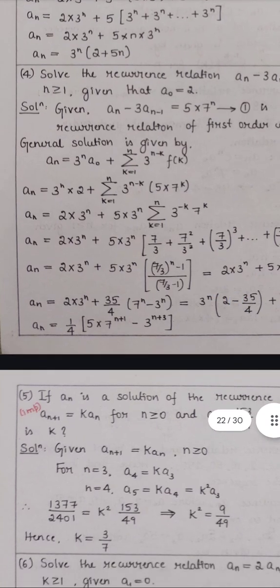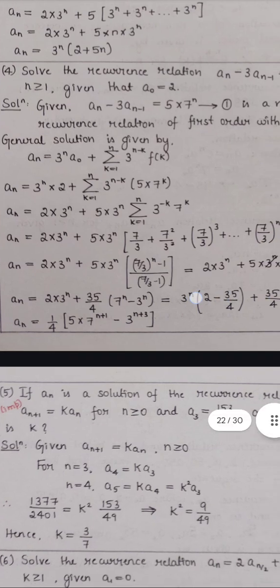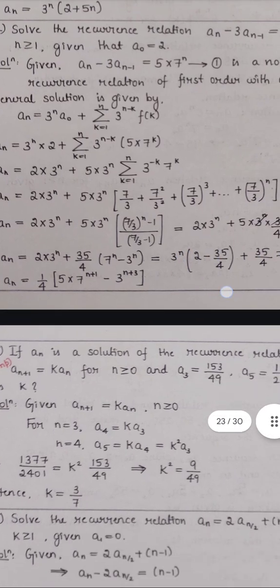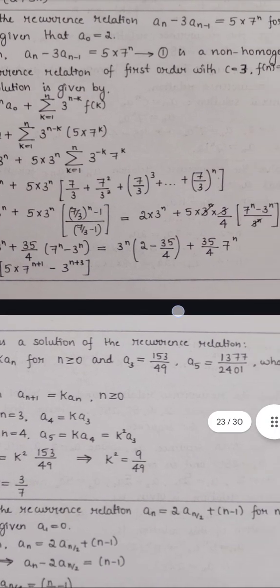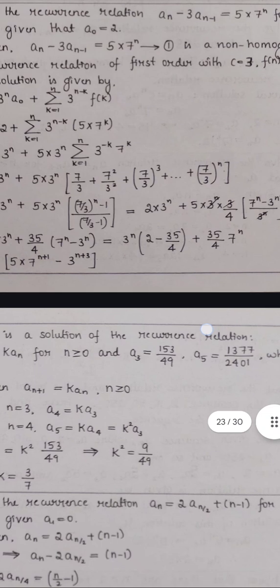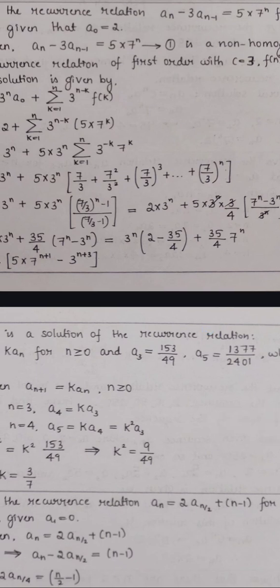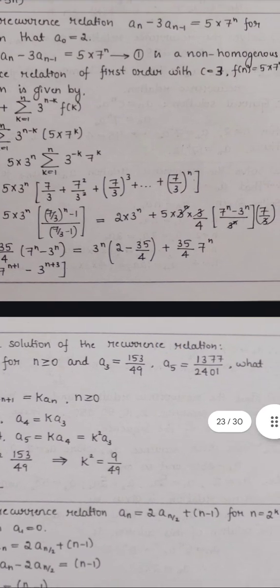Now what happens? Minus k, 3 power minus k is there, so 3 comes in the denominator. So 7 by 3, 7 square by 3 square, it will go up to 7 by 3 power n. If you see this, it is in GP.